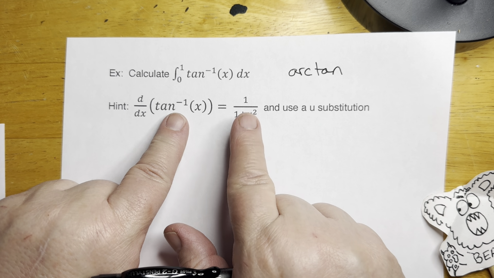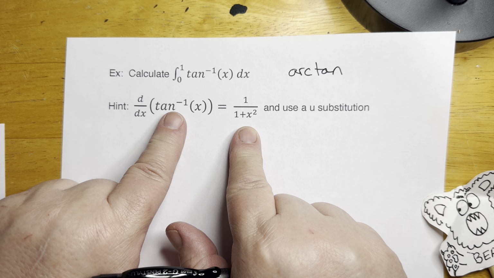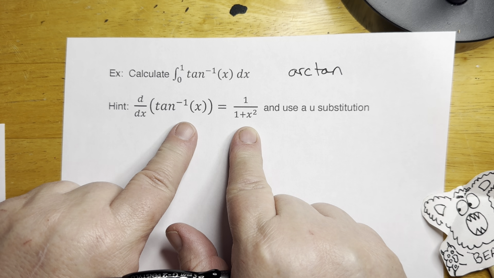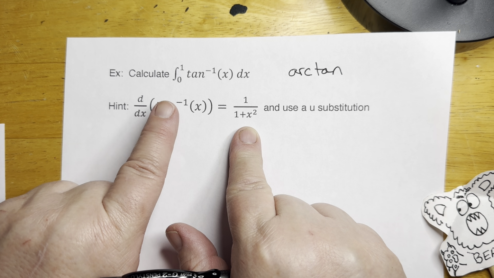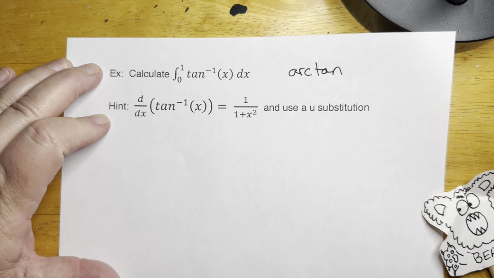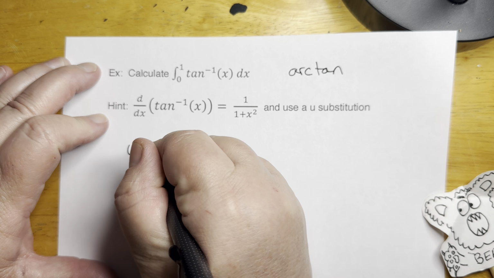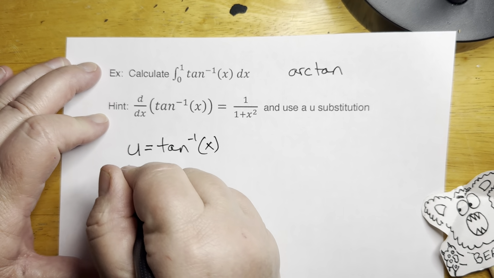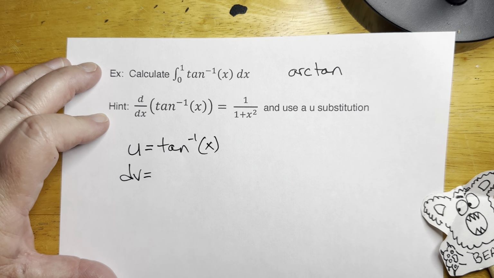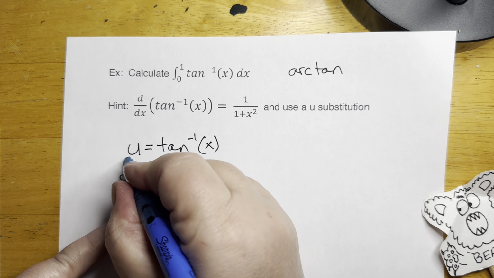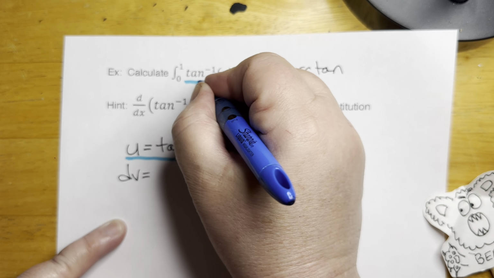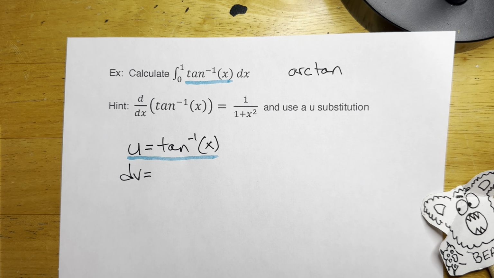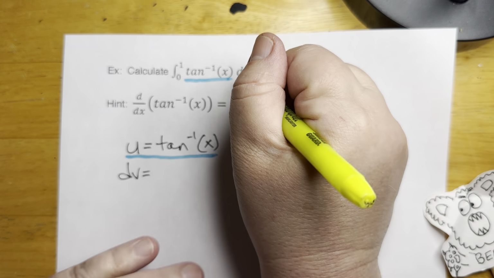X's are much more solid footing than arctangents, so I'm going to use this as my u. And my dv is the only thing that's left now, right? If this is my u, then the only thing that's left is that little old dx.